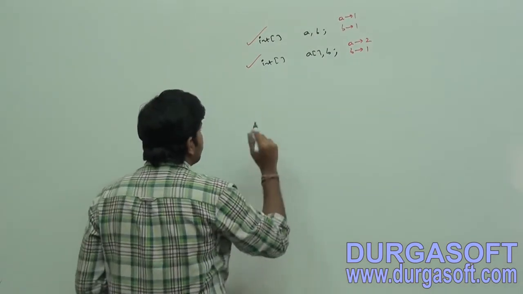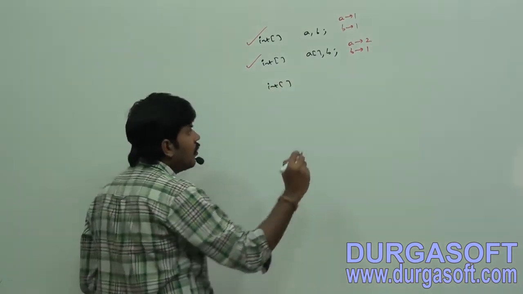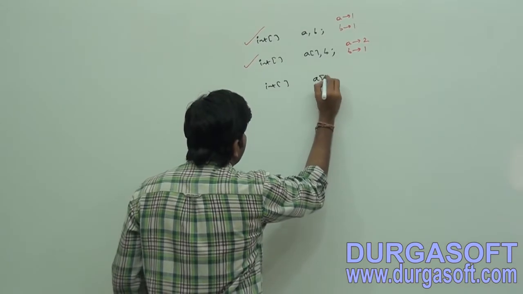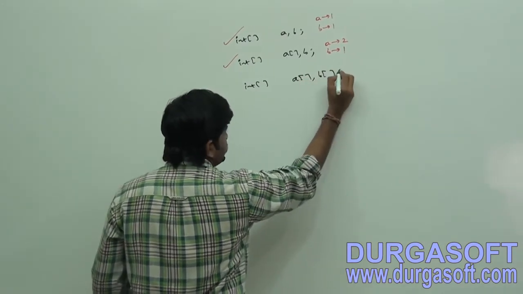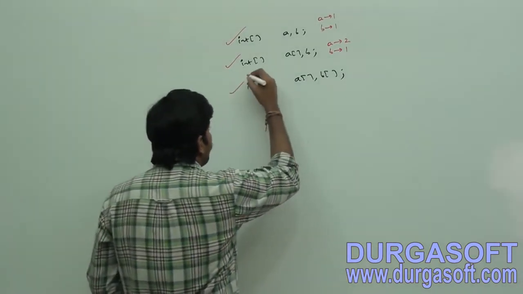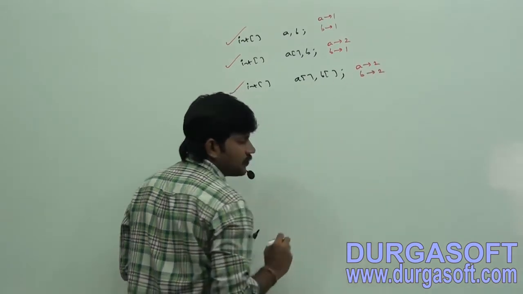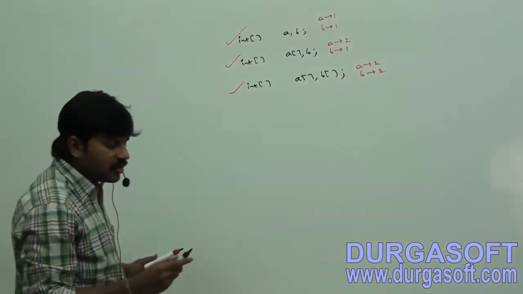Next, int 2-dimensional array, here I am taking a and b. No new thing. What is a's dimension? 2. What is b's dimension? 2.